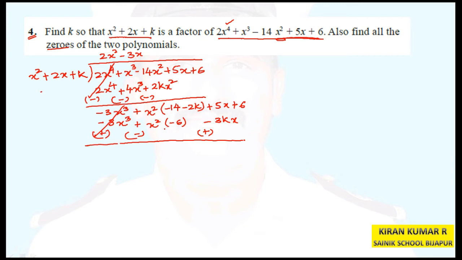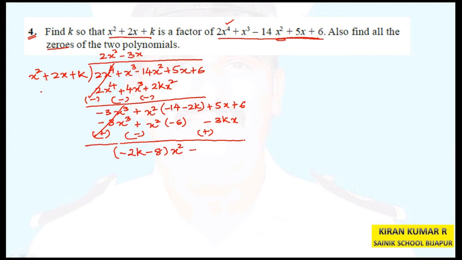We have got x square. If we take it as common, we have minus 14 minus 2k, and minus of minus, it becomes positive 6. Minus 14 positive 6 will become 8. Therefore, I can write it as minus 2k minus 8 times of x square.